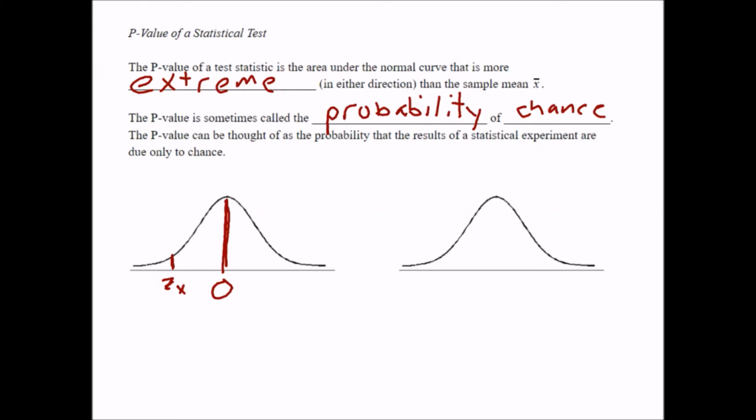So that's kind of our sample z-score. In fact, let's label that. So z-score of sample or test statistic. And then we're looking at the more extreme part. So in this case, to the left of that. And this area, that would be our p-value.